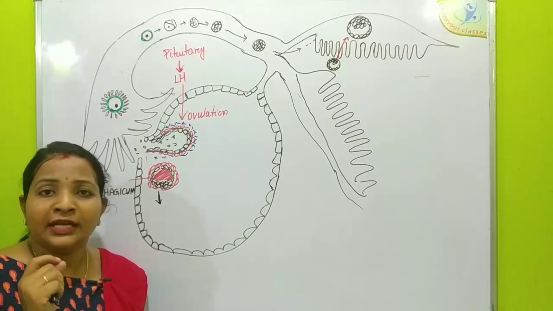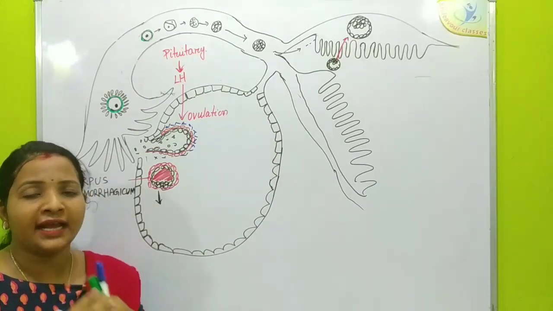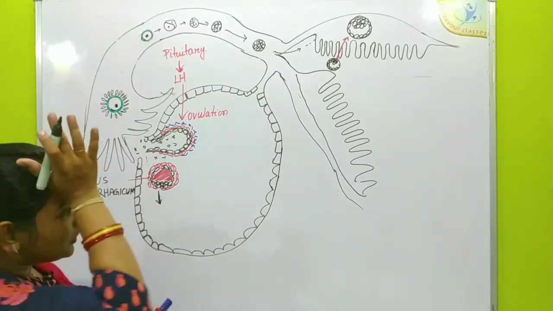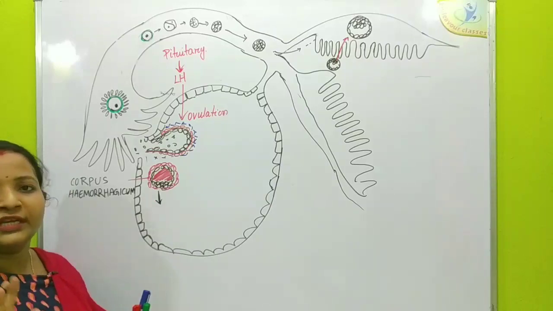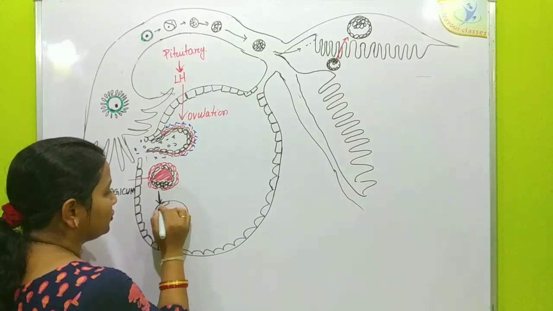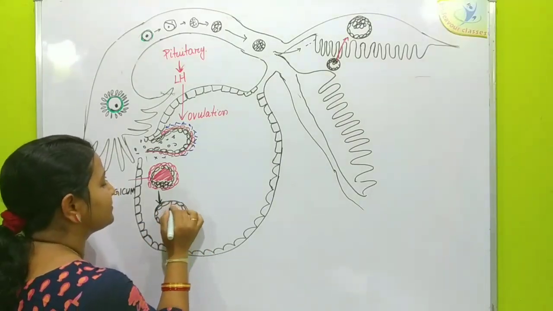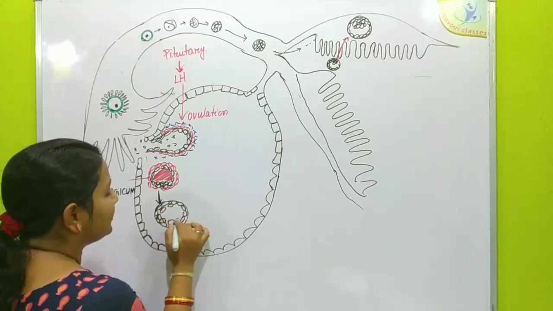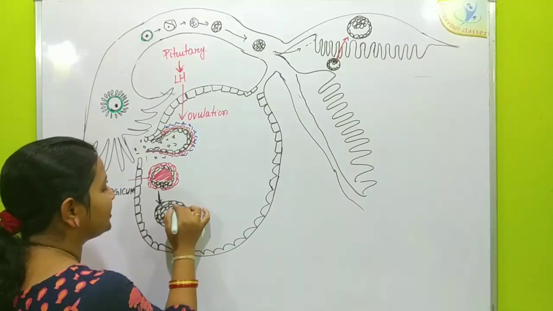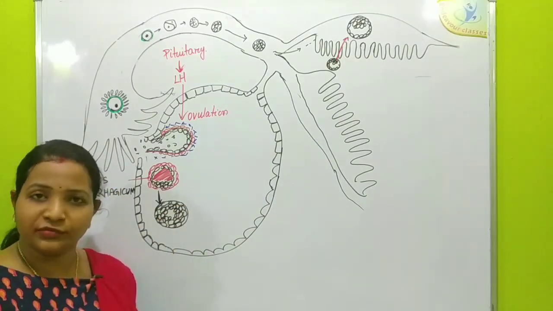Mainly a yellow pigment called lutein is deposited in high amount inside the granulosa and thecal cells, so the body appears yellow in color. There is rapid multiplication of granulosa cells, and there are thecal cells also, but the major change here is the deposition of the yellow substance called lutein.